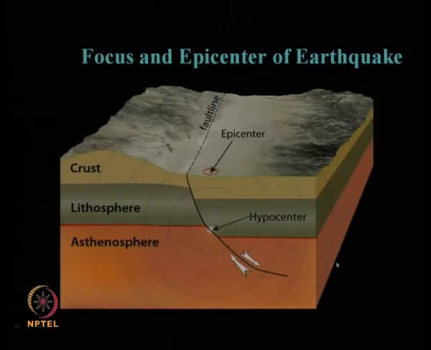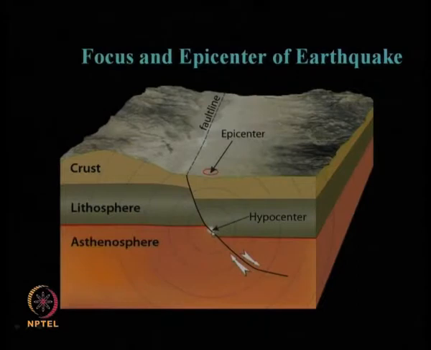Now, you can of course ask that, since the earth is a kind of circular arc shape, you can take vertical projections in all directions.